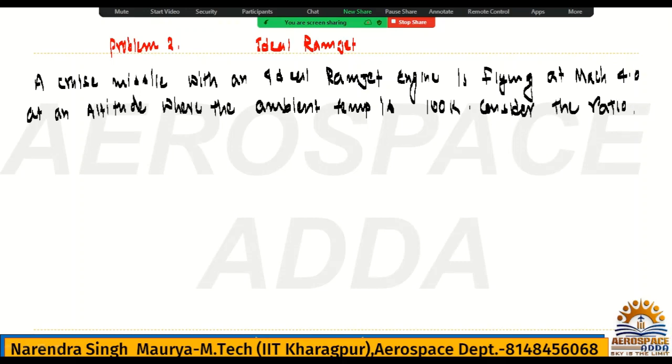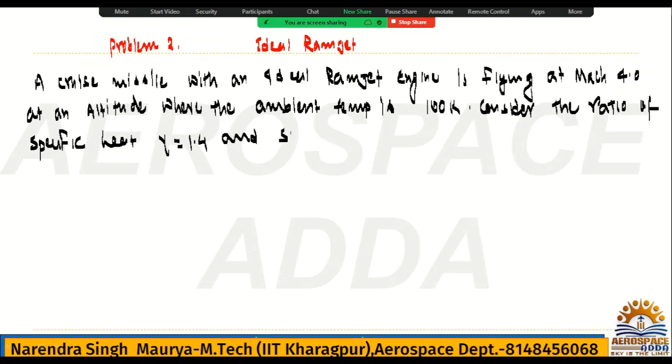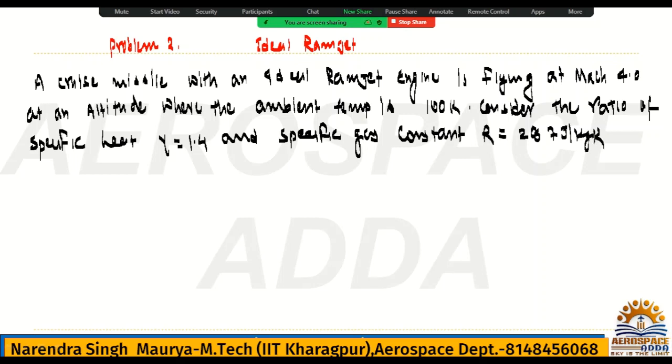Consider the ratio of specific heat gamma 1.4 and specific gas constant, which is nothing but R, 287 joule per kg Kelvin.